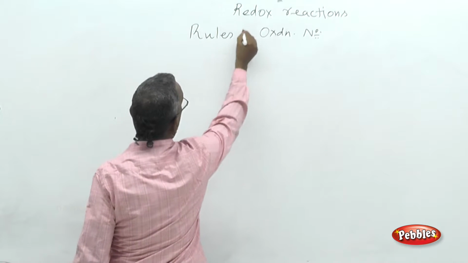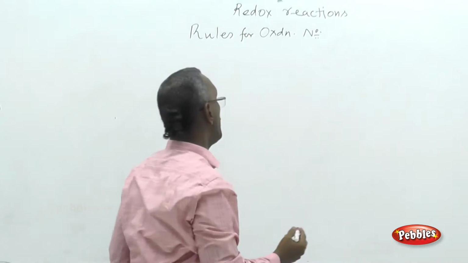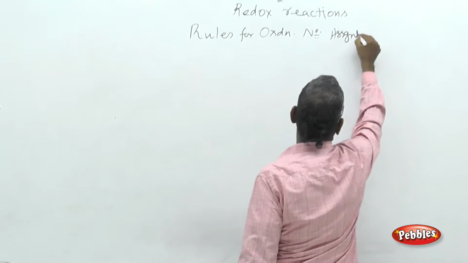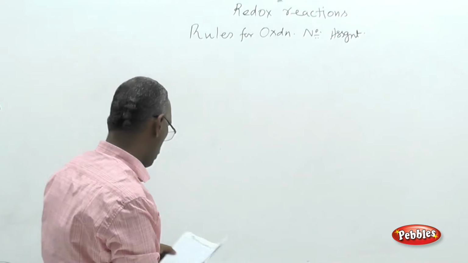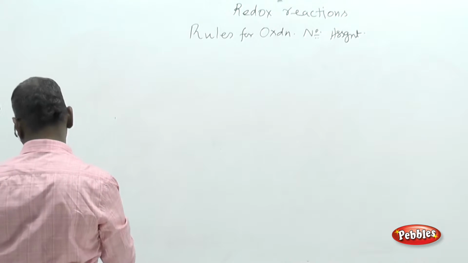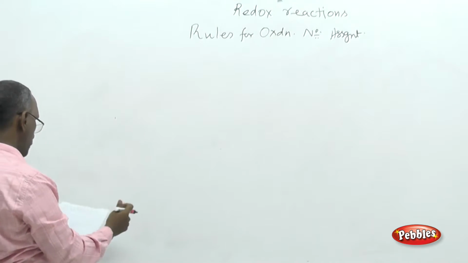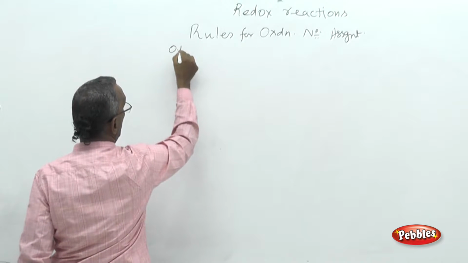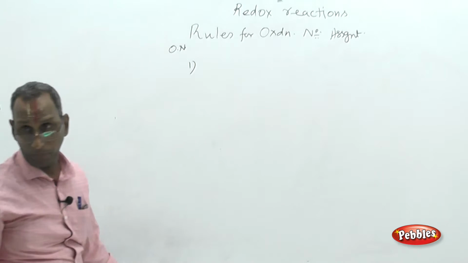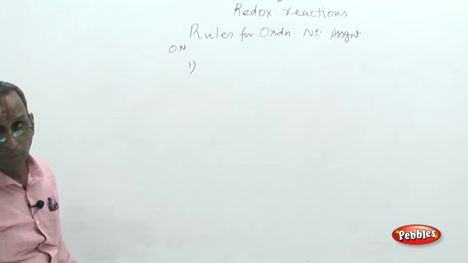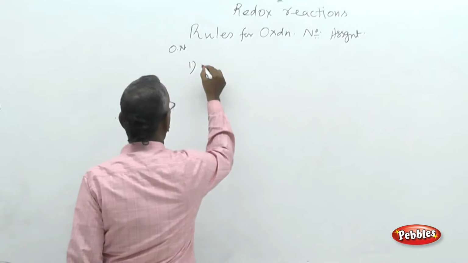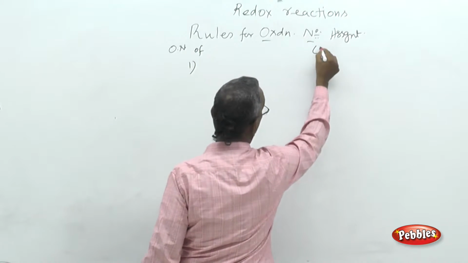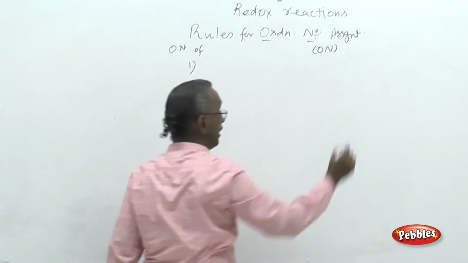Now, important rules for oxidation number assignment to a particular element in a compound. So in the case of oxidation number, these are the points to be noted. First, let us write briefly ON, which means oxidation number. So oxidation number can be represented as ON for the sake of convenience.